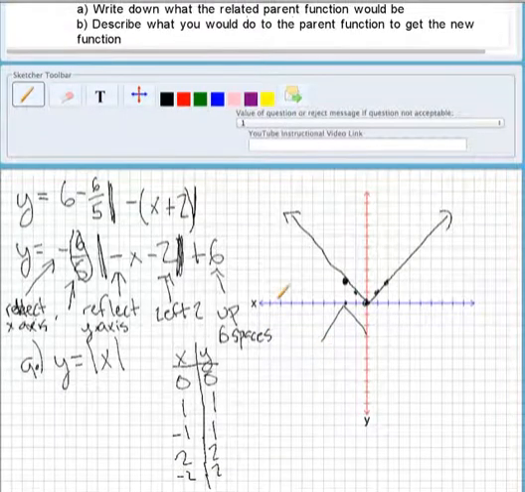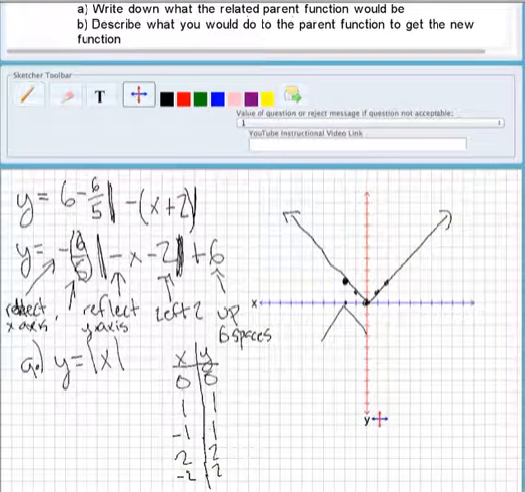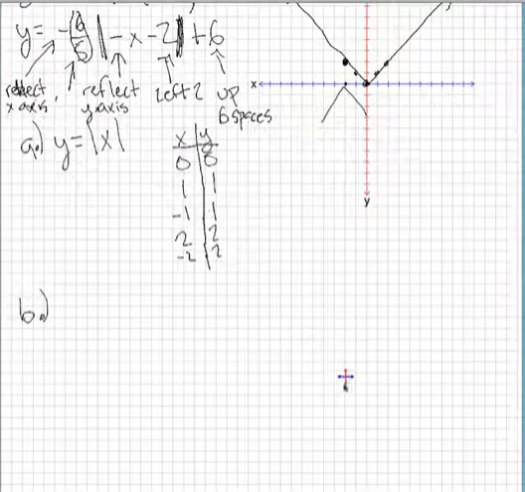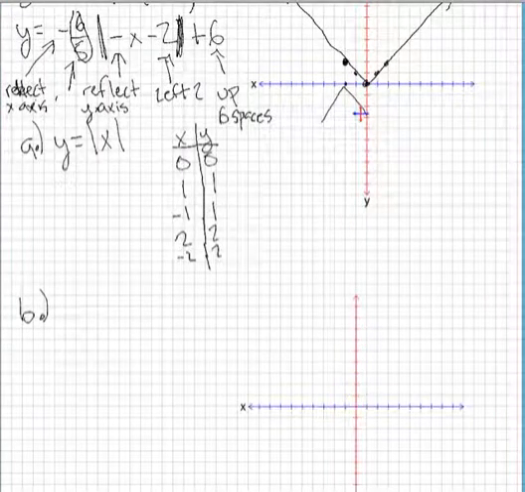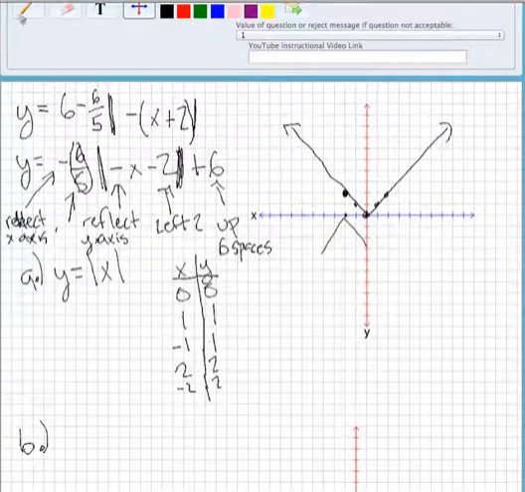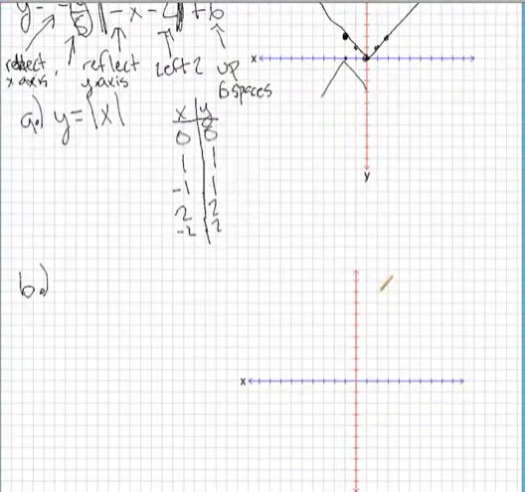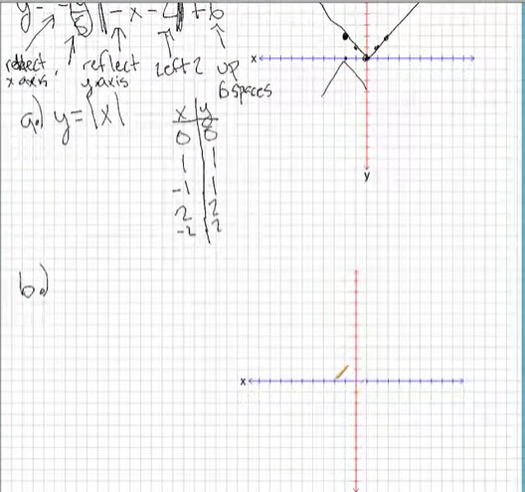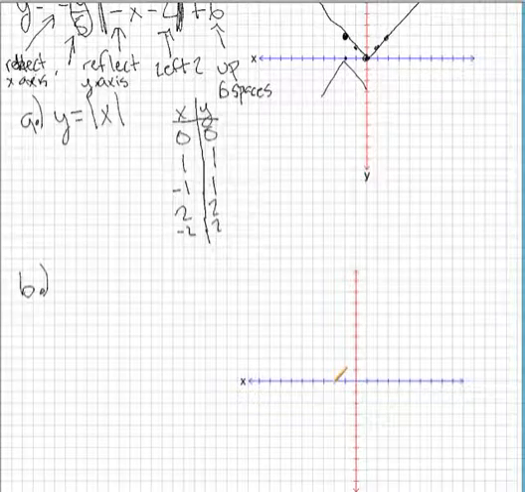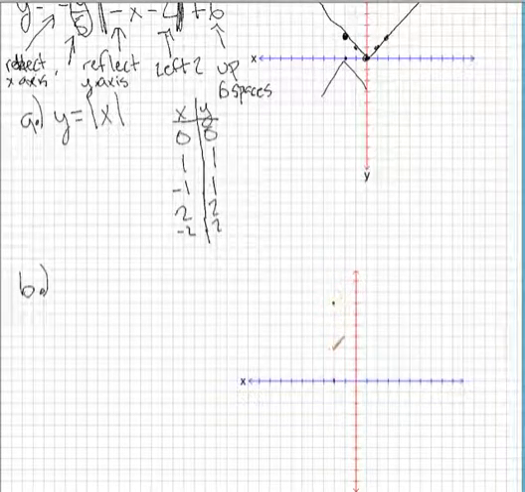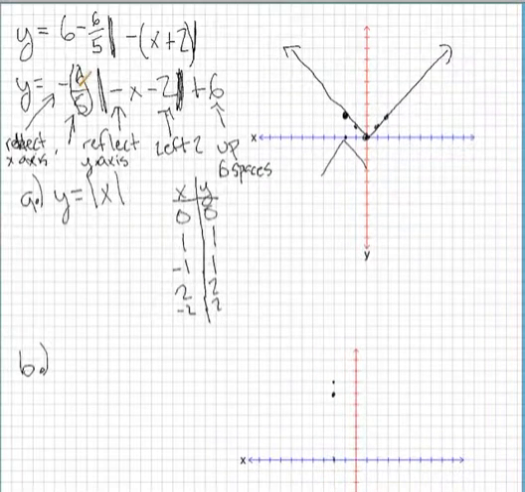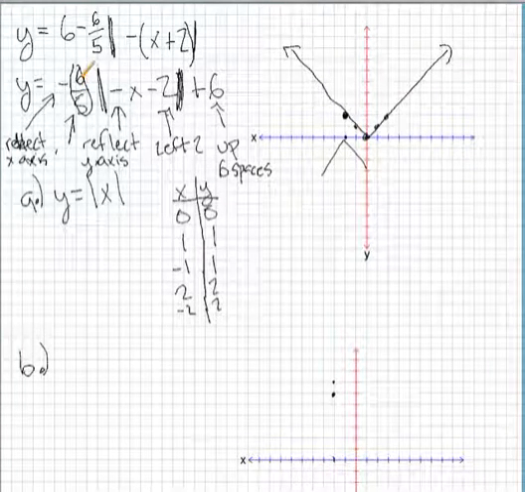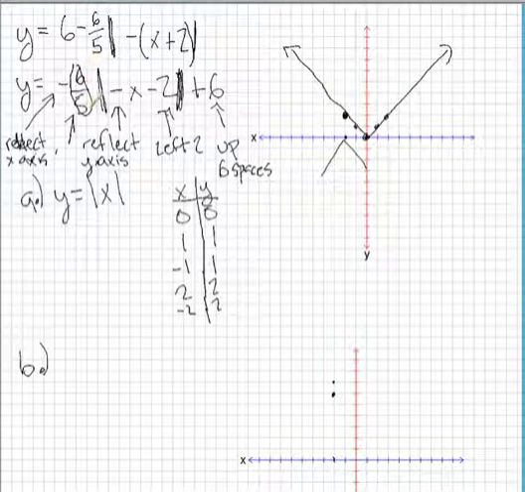All right? So let's make another graph down here. Now we reflected it, we moved it over, and we moved it up 6. So our vertex is going to be right here. So 1, 2, 3. Oh, I'm sorry, it's right here. Now when we look at this stretch, it's going to be 6 over 5.